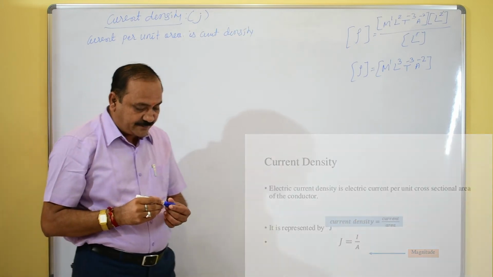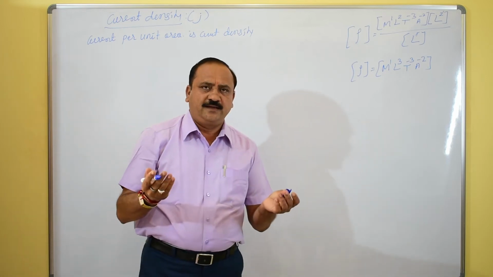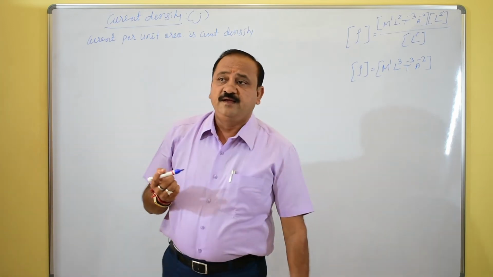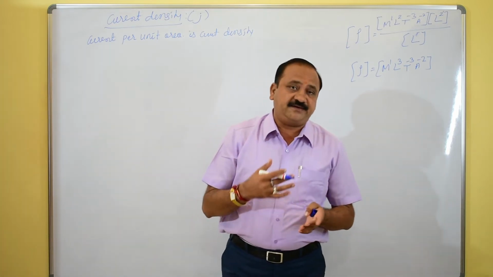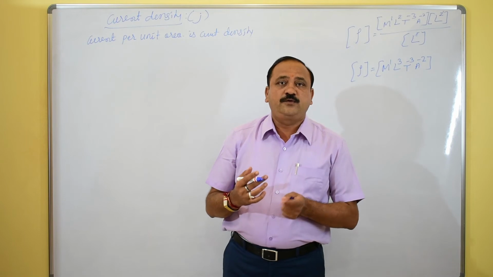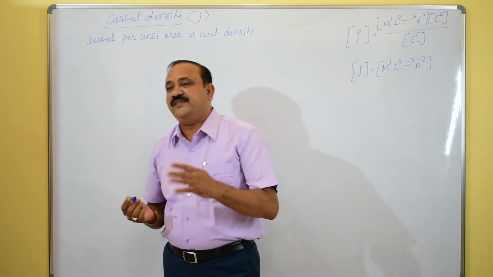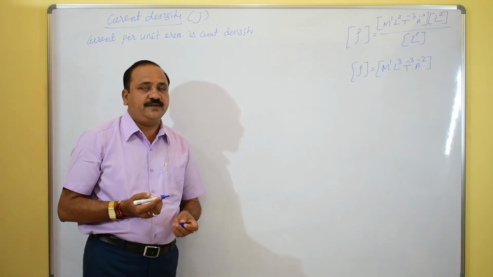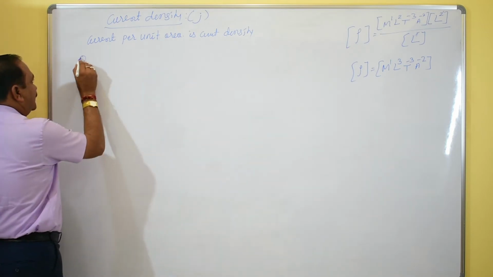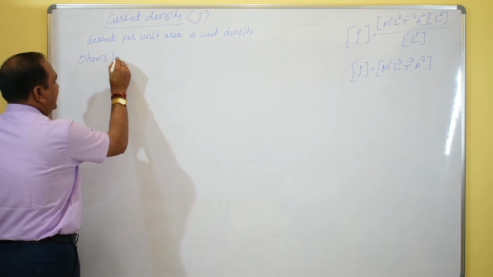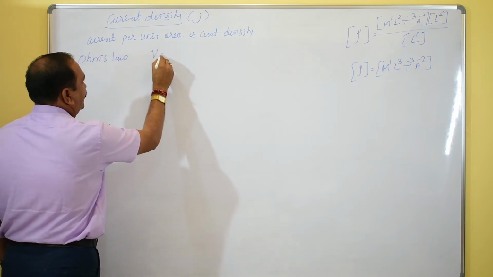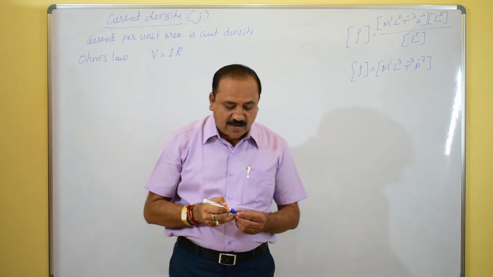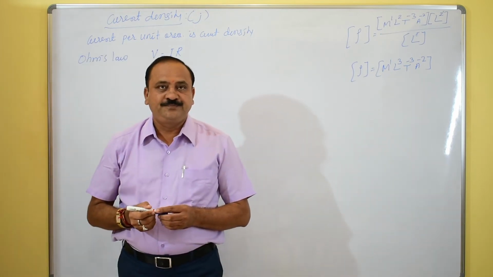We know the basic concept of Ohm's law, as I told earlier. While discussing that entire topic, you should try to understand Ohm's law, how to apply it, and the statement of Ohm's law. In Ohm's law, V equal to I into R, a very simple concept.